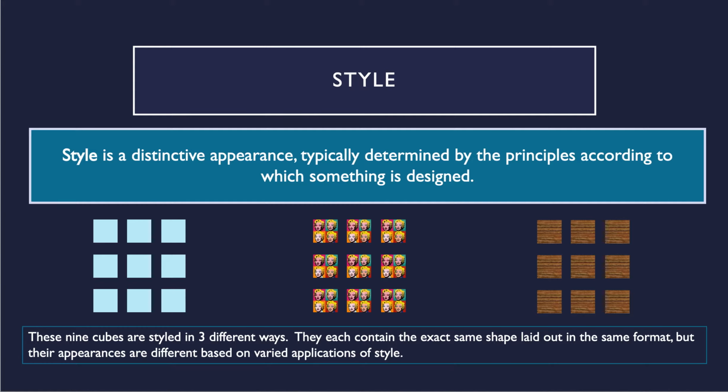Okay, and so then style is a distinctive appearance that is determined by the principles according to which something is designed. For example, these 9 cubes are styled in 3 different ways. They're all formatted the same way, but they each have their own appearance. And that appearance, that style, is something that you can take the principles and elements chart and fill out.